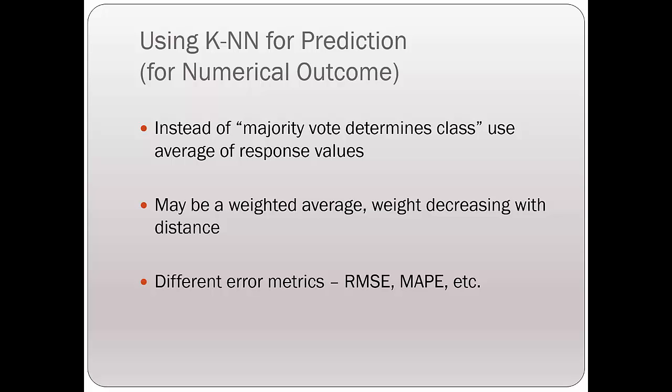So instead of majority rule, you use the average of the response values. Or you could use a weighted average, usually weighted by the distance between the new observation and the neighbors. But usually just a plain average is what we can use. So either a regular average or a weighted average.